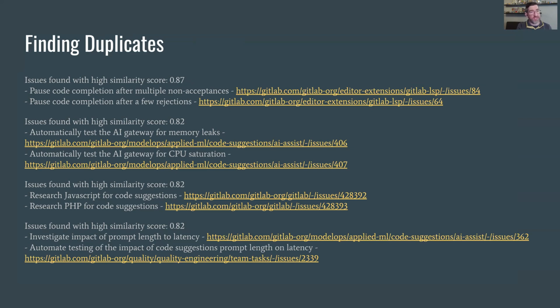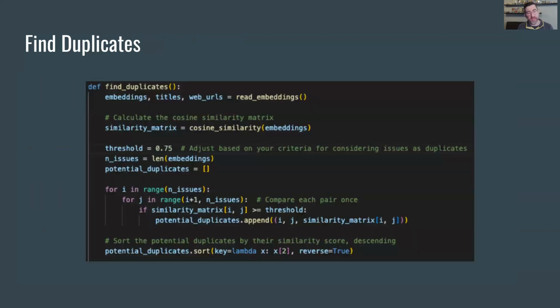So what I could do now with this is go into GitLab and actually mark these issues as related. Some of them already are, but they are very closely related, which is great. And this is just the code for finding duplicates. But that's all I had.